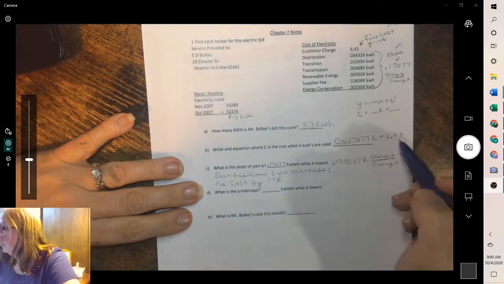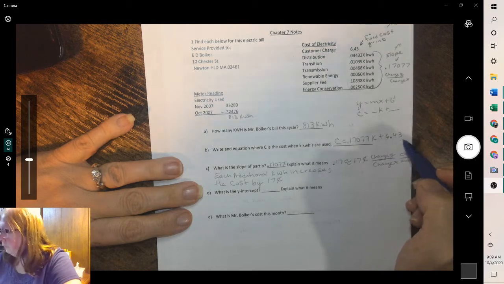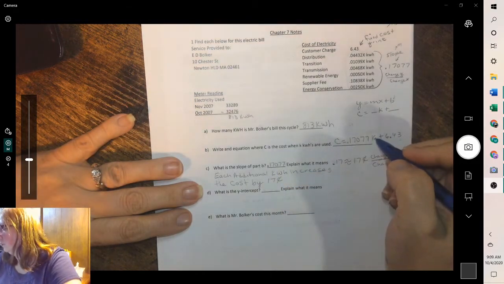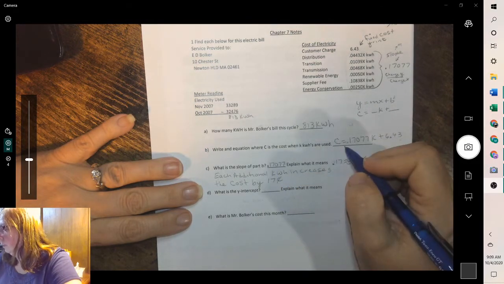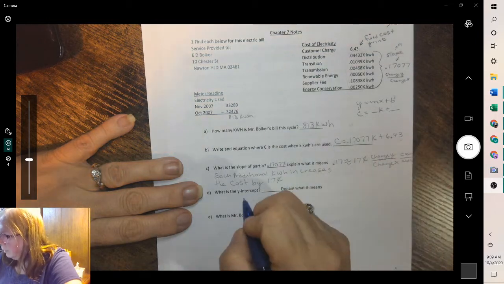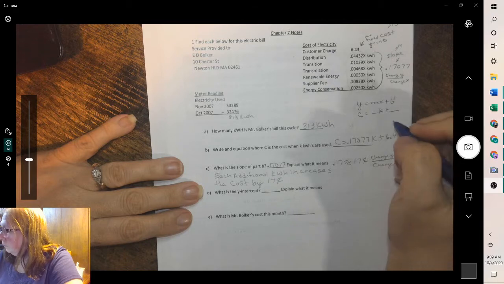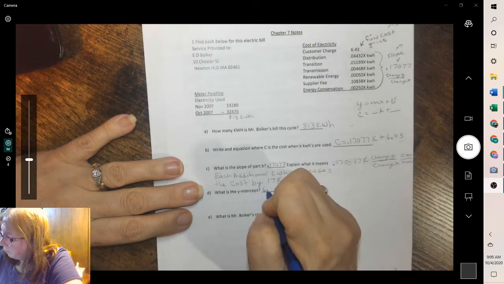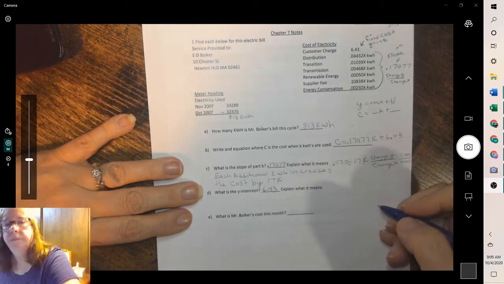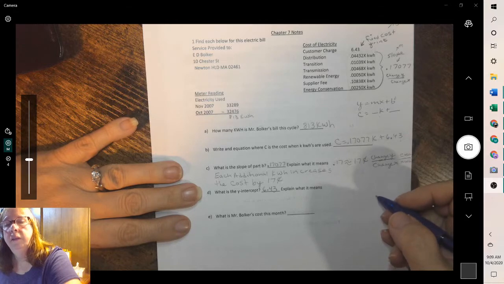The y-intercept is the fixed cost, because notice if we put 0 in here, then it gives us this. So the y-intercept is your b. The y-intercept is when x is 0.